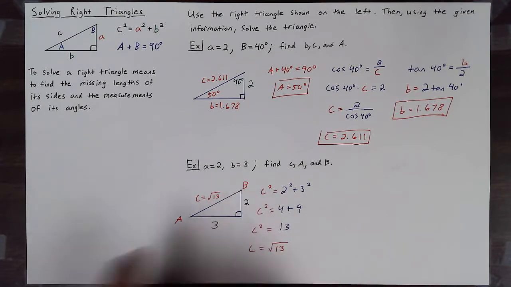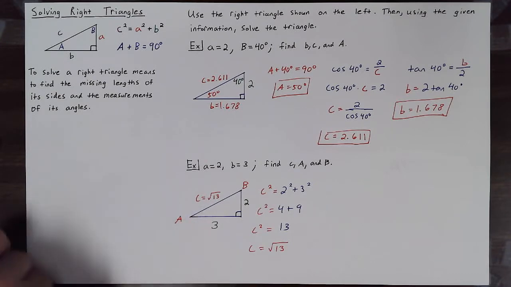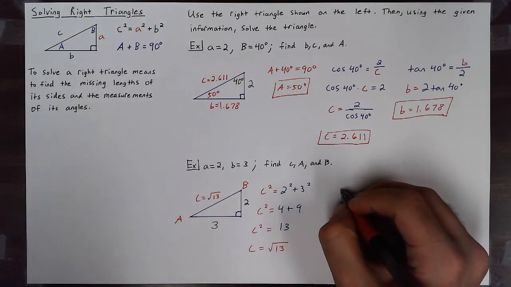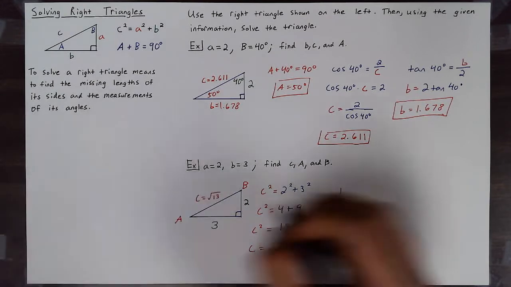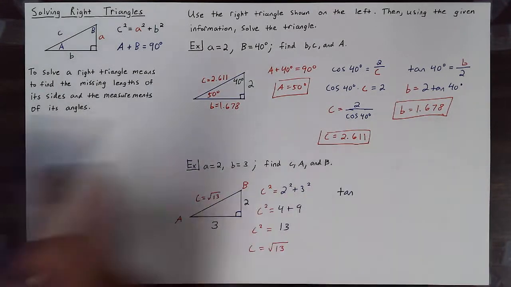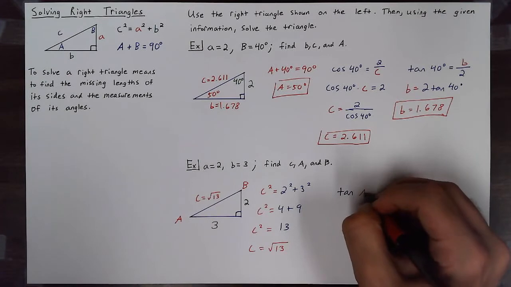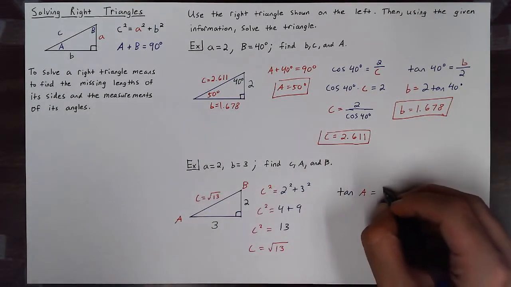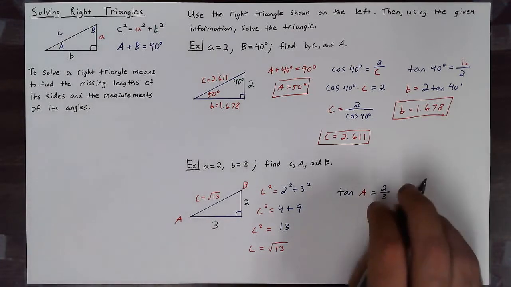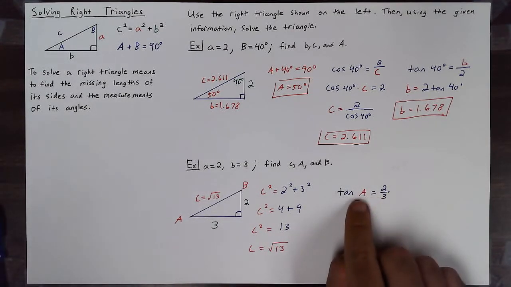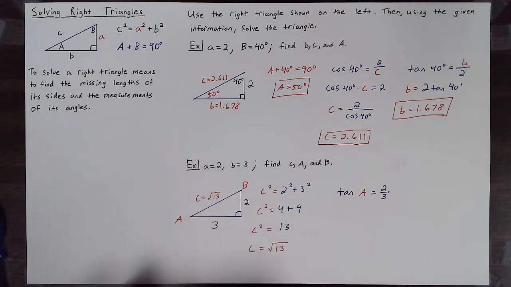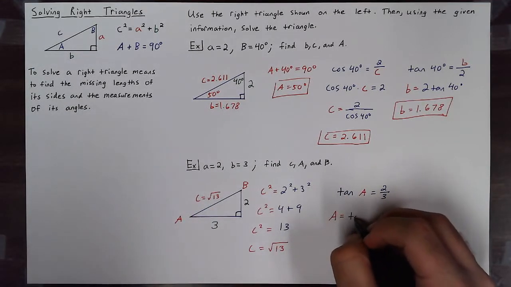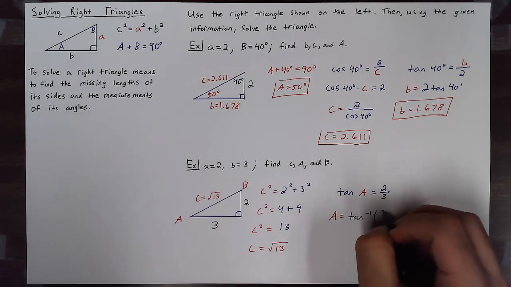Because now, for example, if I start with angle A, I can say that the tangent of A is equal to the opposite side over the adjacent side, because I know opposite and adjacent from angle A. Then I can use inverse tangent and say that A is equal to arctangent, or tangent inverse, of 2/3.